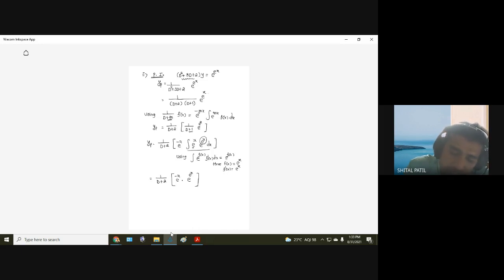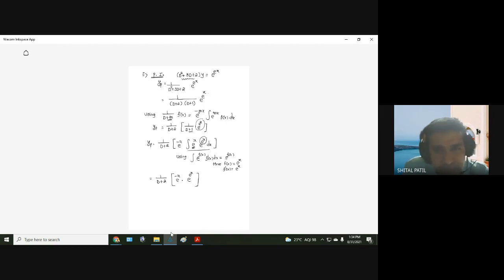This plus 1 in D plus 1 will give e raised to x inside the integral, and the given function f of x also contains e raised to x. Do you understand what I am saying? Why did we operate 1 upon D plus 1 first? Since this plus 1 will give e raised to minus x outside and e raised to plus x inside the integral, and the given function contains e raised to x.